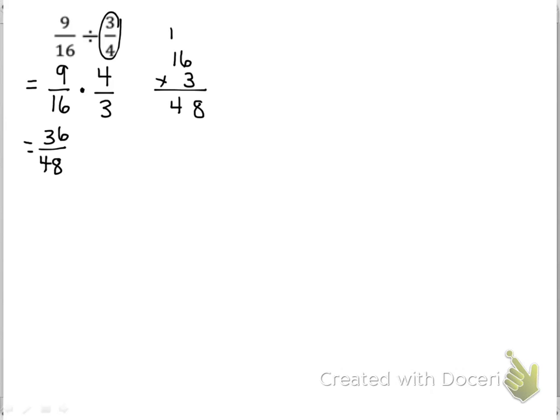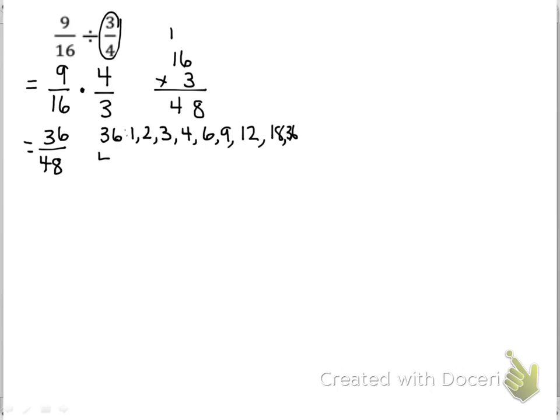I need to find their greatest common factor. The factors of 36 are 1, 2, 3, 4, 6, 9, 12, 18, and 36.